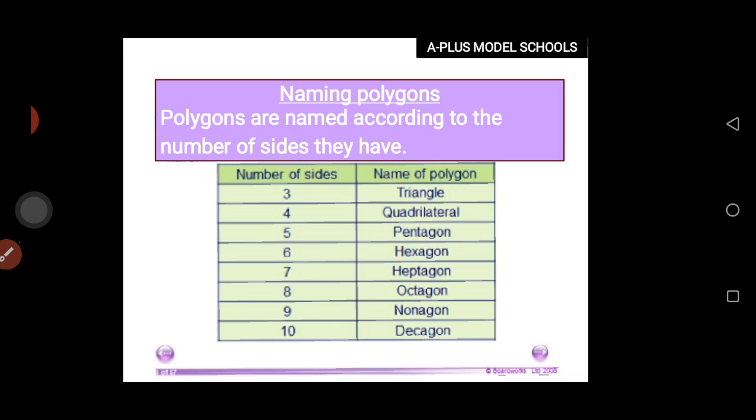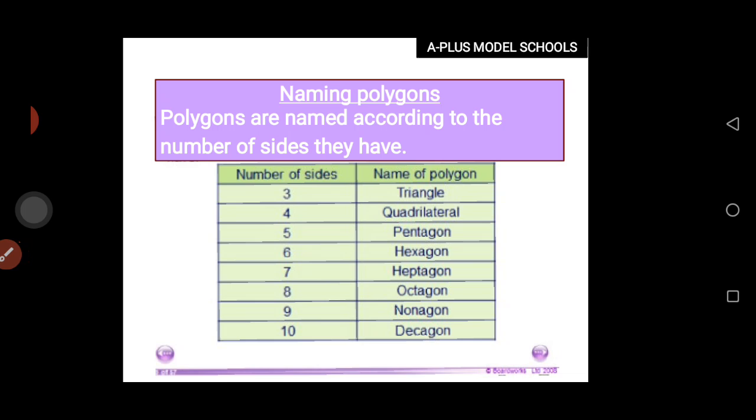So a shape that is enclosed by 6 sides is called hexagon. And a shape that is enclosed by 7 lines or 7 sides is known as heptagon. A shape that is enclosed by 8 lines is known as octagon. 9 sides, nonagon, and 10 sides, decagon.